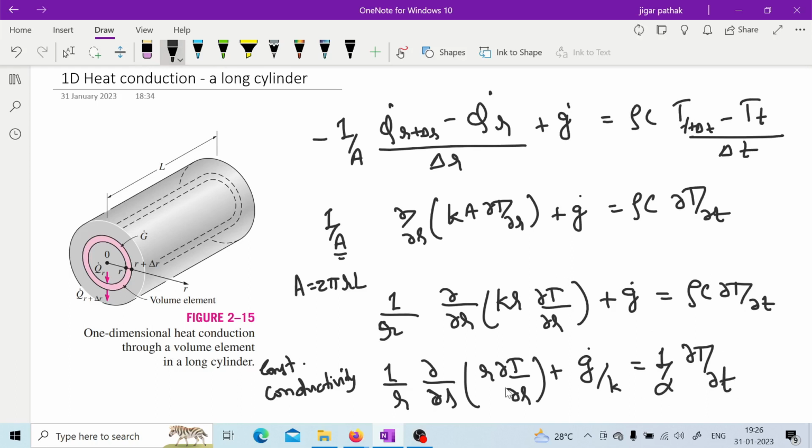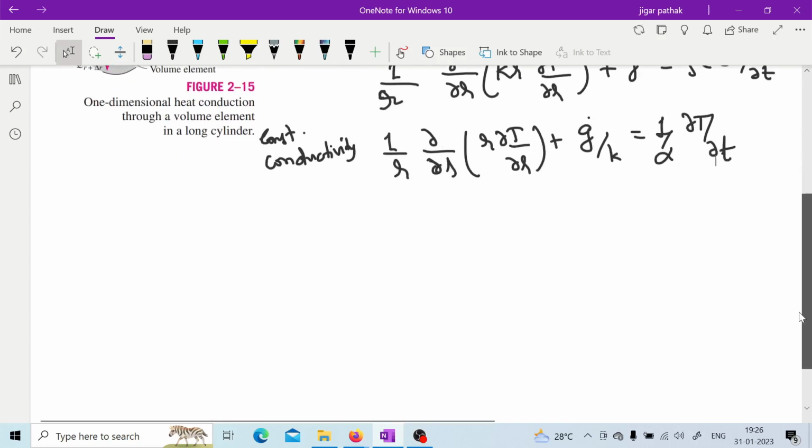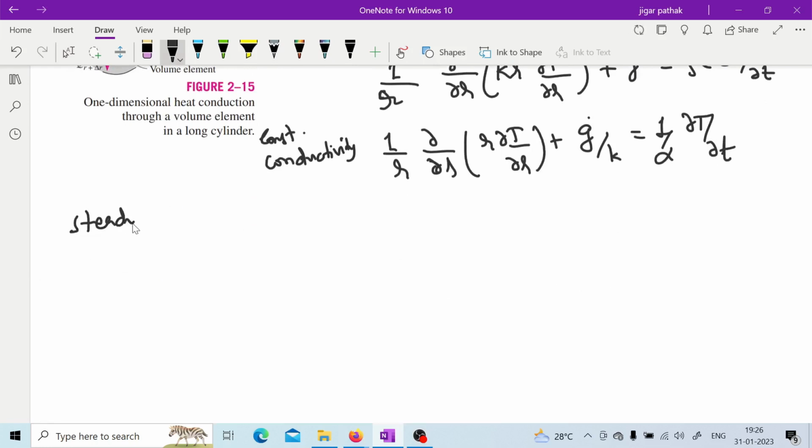So this is how you can have your equation for cylinder, right? And here also you can apply all those steady state, transient, and steady state plus transient. So if I write those equations, then for steady state it will be like this, simple, right?